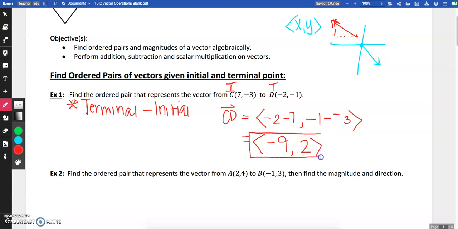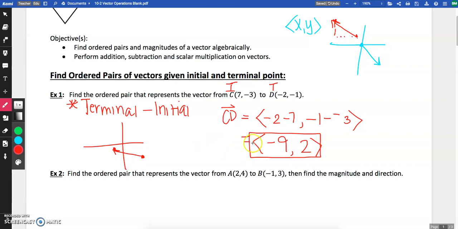Now, if I were to plot these points, I'm just going to sketch it. 7, -3, that's somewhere down here. And -2, -1 is somewhere up here. So here's what the original vector looks like.